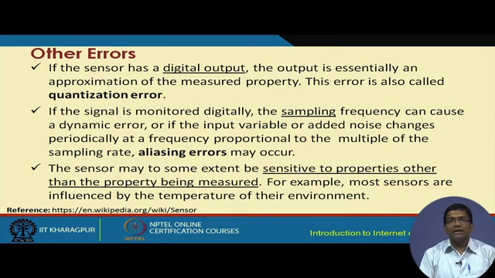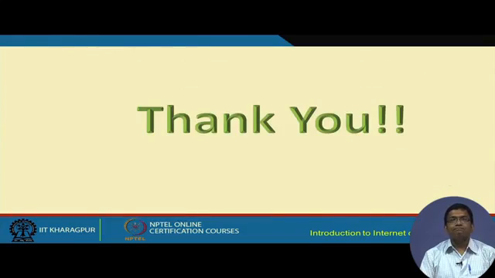This is not a perfect example, but this particular error can be construed in this way, that the sensor may get affected by a few of the other properties that are not directly being measured. So, this also leads to some kind of error.